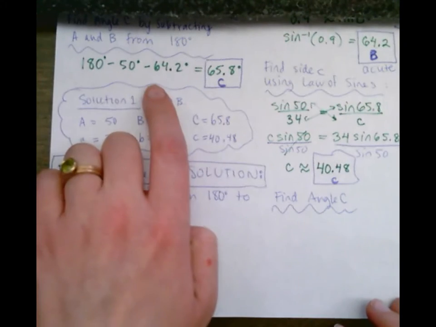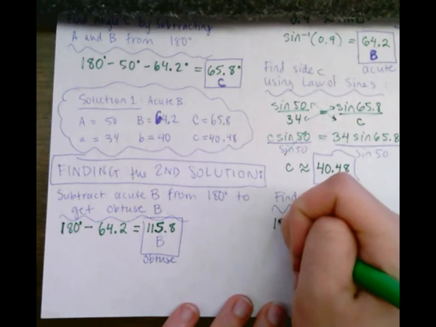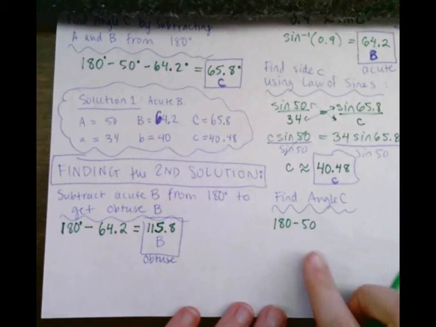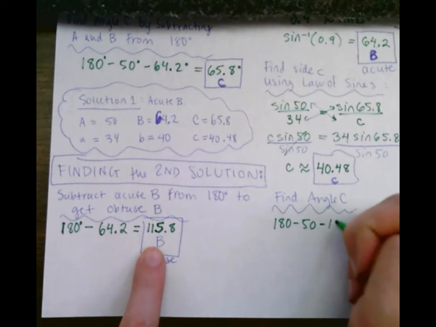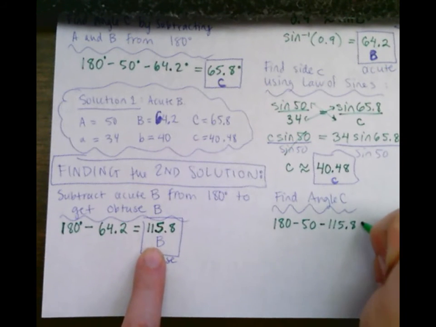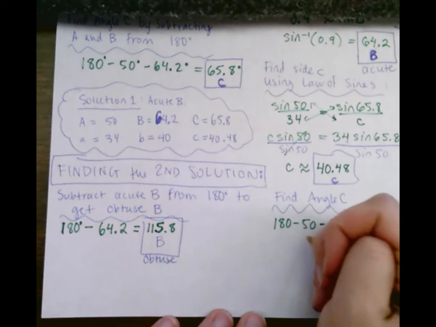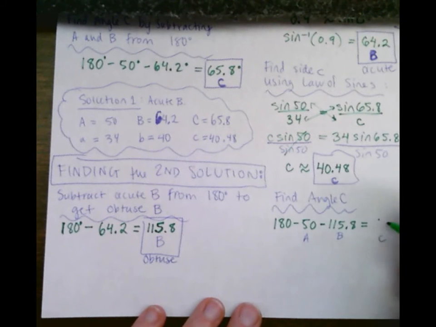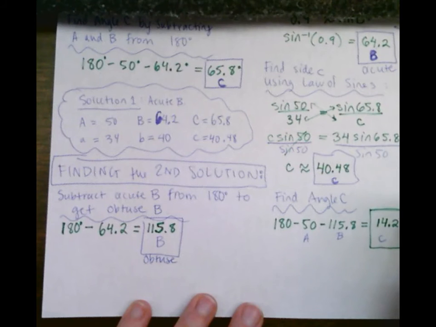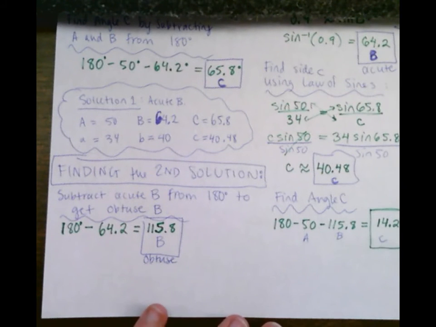So we're doing the same calculation here, except I'm still using 50 degrees for A, but instead of using 64.2 for B, I'm now using 115.8 as my B value. So this was angle A, angle B, and I'm going to get angle C. And when I do that subtraction, you end up getting 14.2 as the angle measure of C, okay?